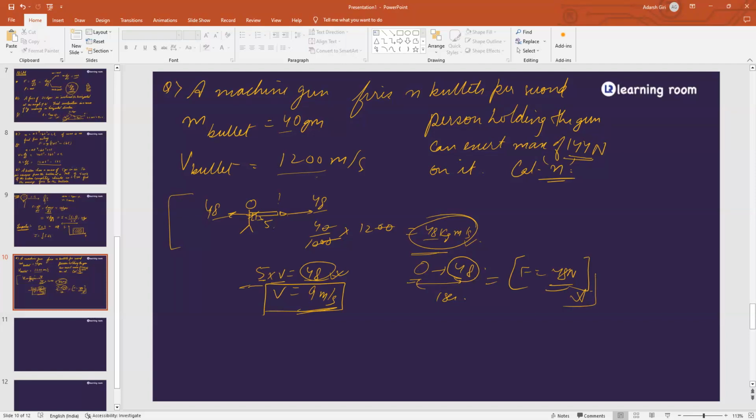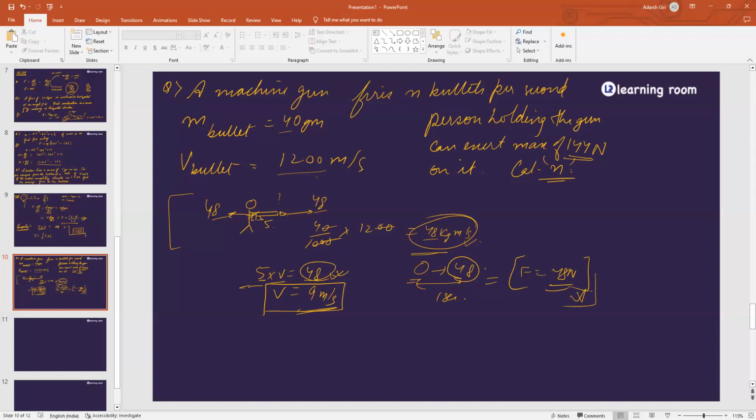So I found the time value. I got the time now. I did F is equal to mv by t, and I got the time value as 1 by 3 second. So should I multiply n with it, and is it 3 bullets then?